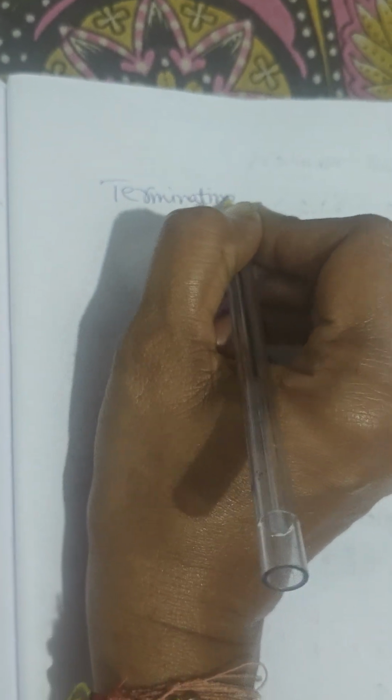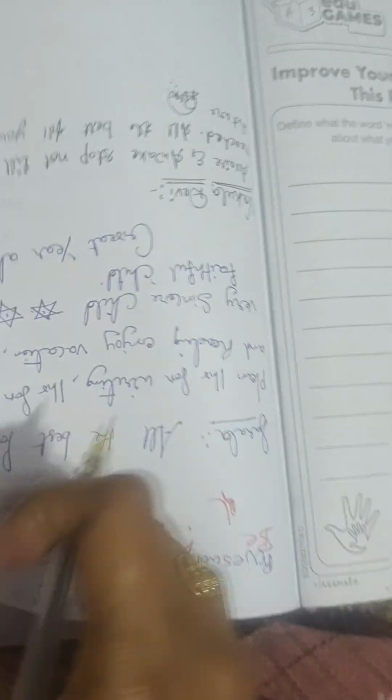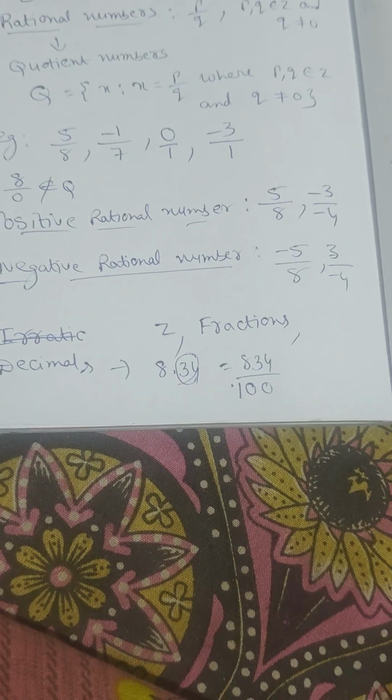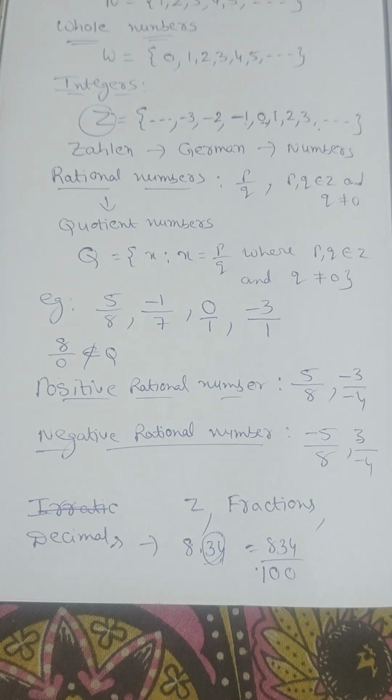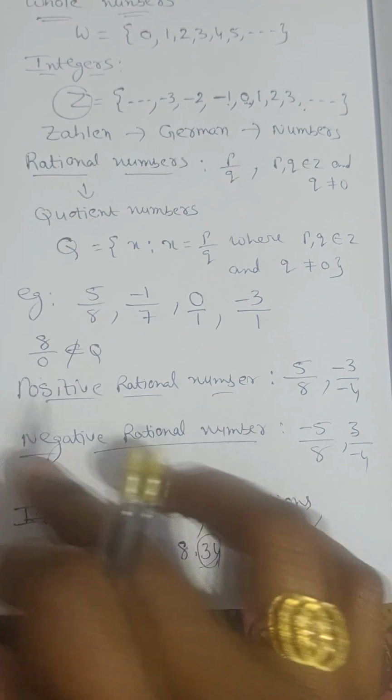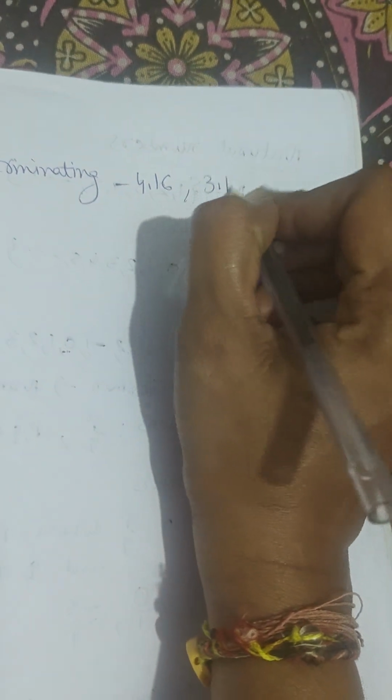Terminating means, already I told you, point after certain digits will be there. We can count how many digits are there. They are terminating decimals, like 4.16, 3.1434, like that. Okay, children, these are terminating decimals.